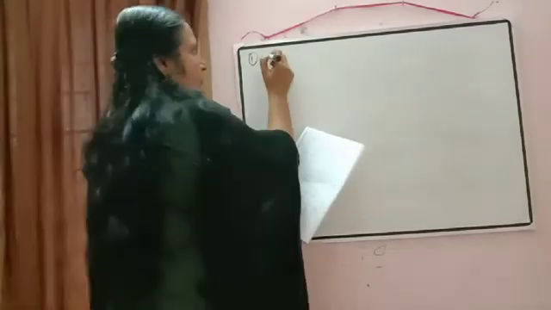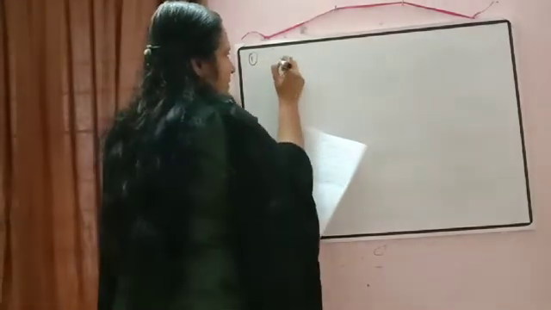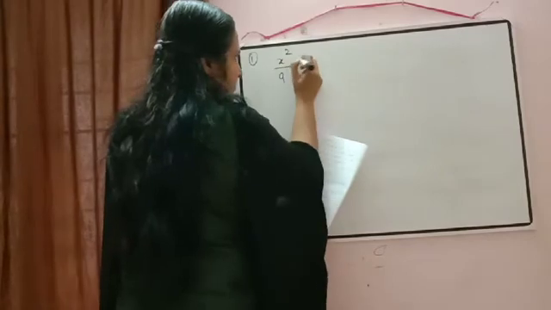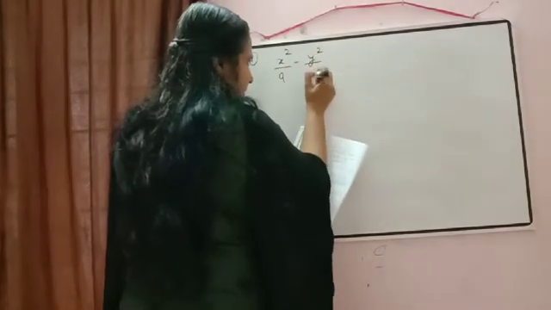Okay, so in that the first one is written x square by 9 minus y square by 16 is equal to 1.